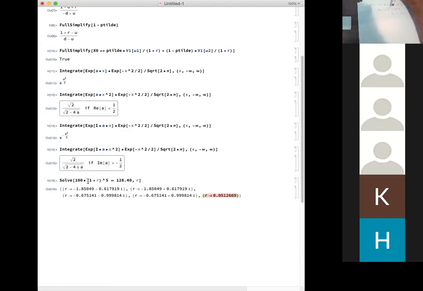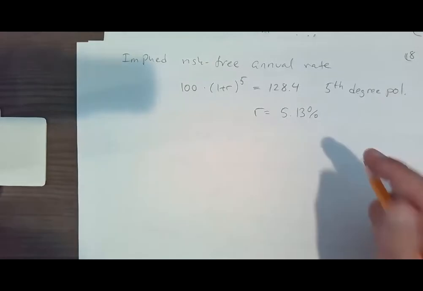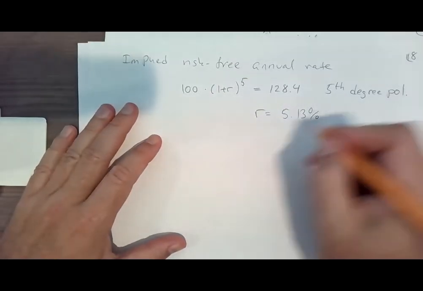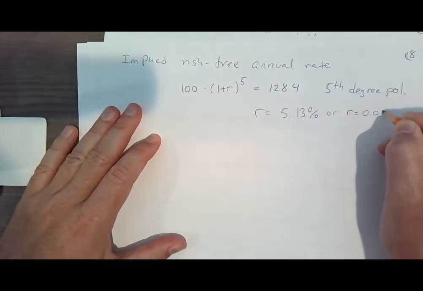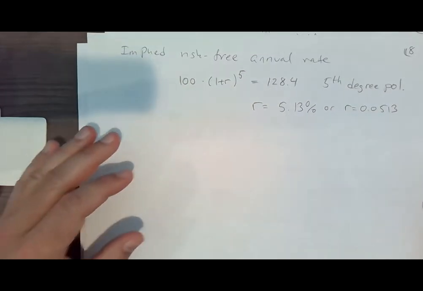So doing this on a piece of paper is difficult, but doing it on a computer is not difficult. I also had an annual rate, and of course I can write this here as R being 0.0513.